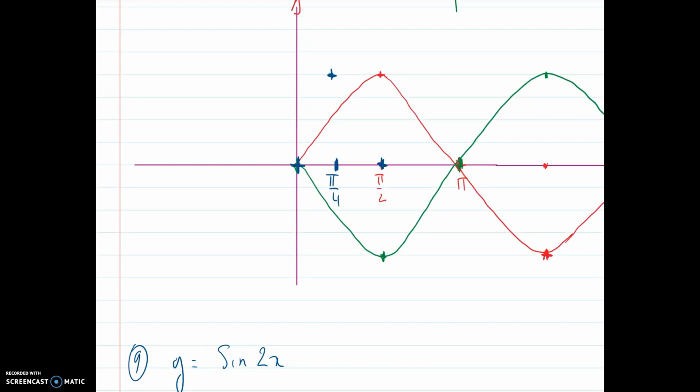And you understand now that I'm moving pi over 4 to pi over 4. When 3 pi over 4, it will be negative 1. Pi, it will be 0. And so basically, what I have is something like this. I could continue forever, okay?